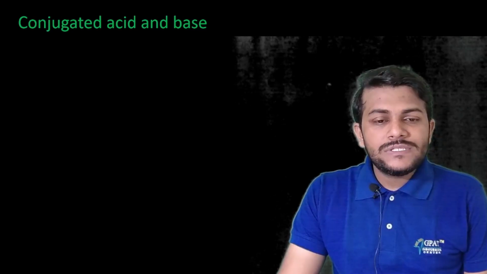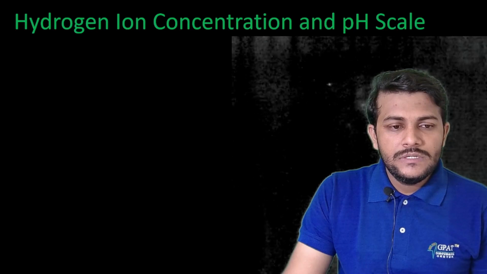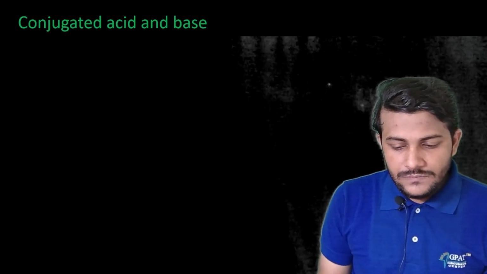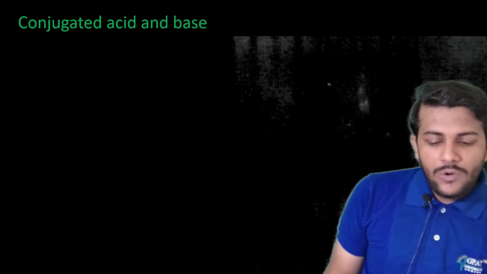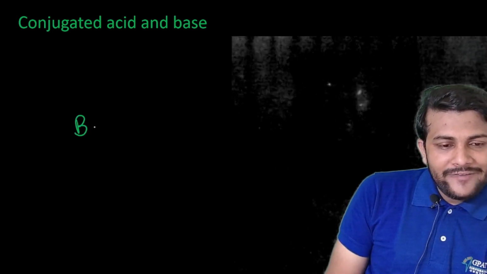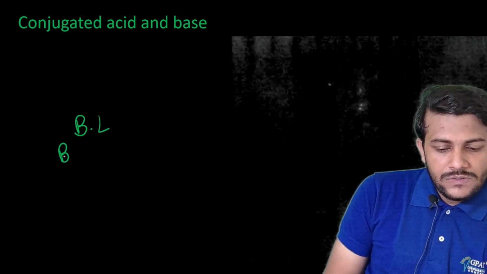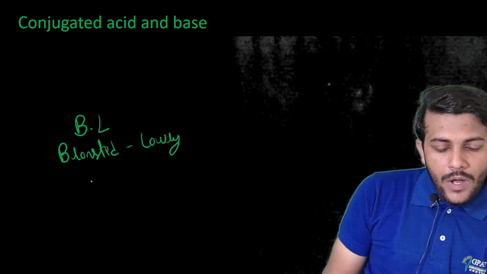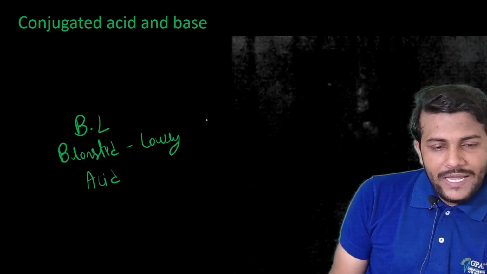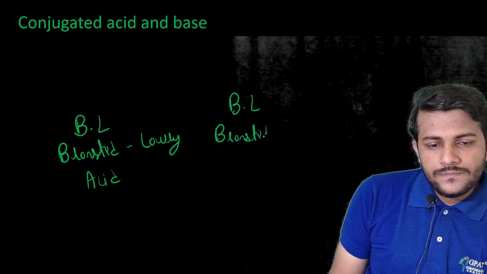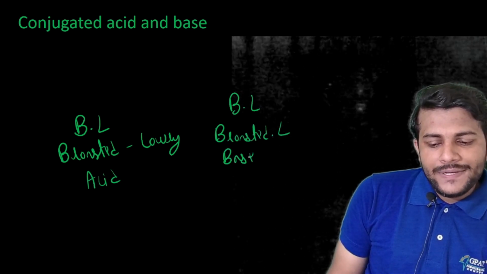Got it? Next concept we have is conjugate acid and conjugate base. Suppose we have the BL acid, meaning Bronsted-Lowry acid, and the BL base, meaning Bronsted-Lowry base.